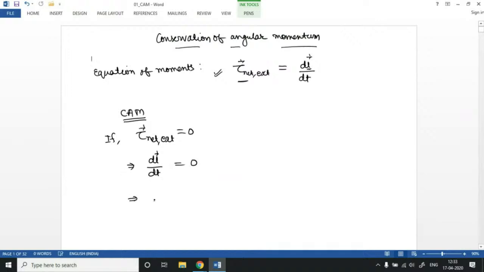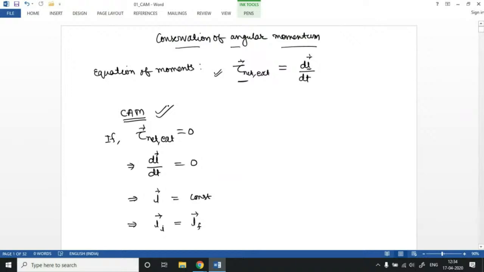That means the angular momentum of the system is going to be a constant with respect to time. So due to some change, the initial angular momentum of the system, Li, will be the same as the angular momentum of the system after the change. This is the principle of conservation of angular momentum.